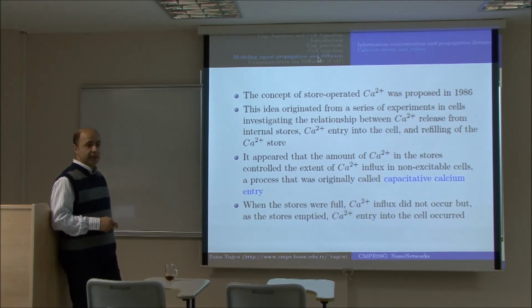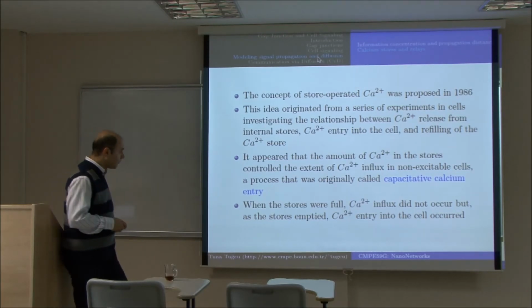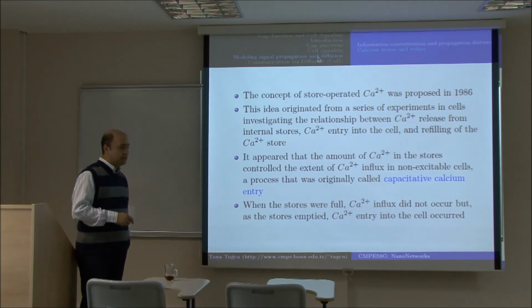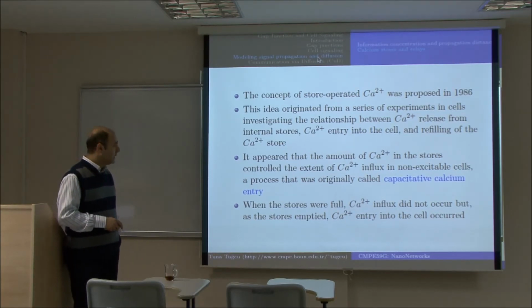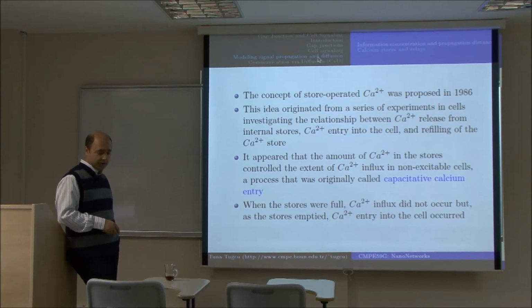Calcium entry into the cell through the channels, and refilling of the calcium store, that means storing the released calcium back into those pools. It appeared that the amount of calcium ion in the stores controlled the extent of calcium ion influx from the environment inside the cell in non-excitable cells, which was originally called a capacitative calcium entry.